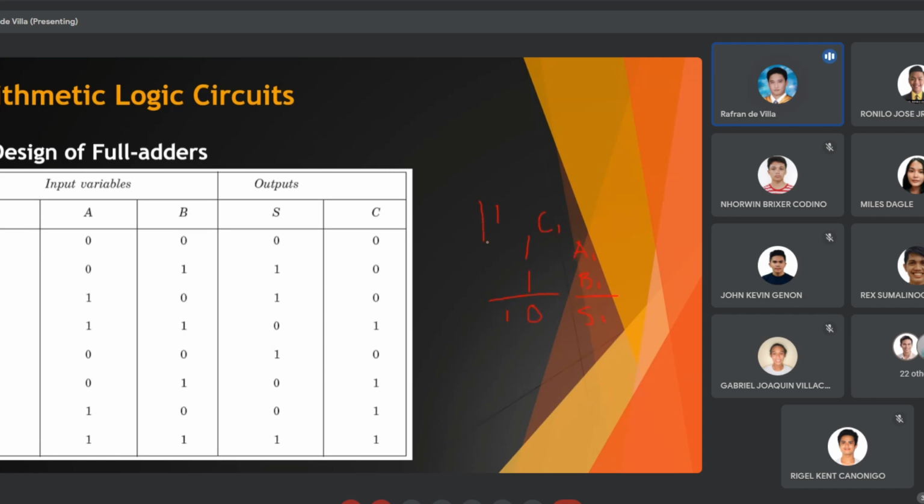So that's what it represents. So that's why this C could act as an output, and that C can also act as an input for the next significant bit. Okay, is everything understood, guys? Let's continue.